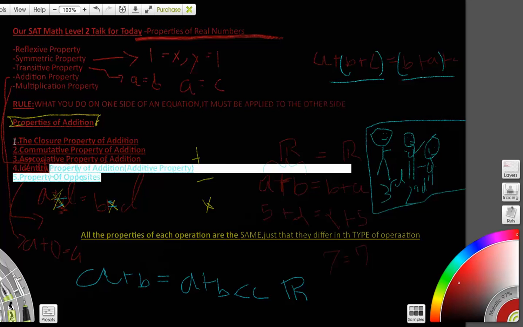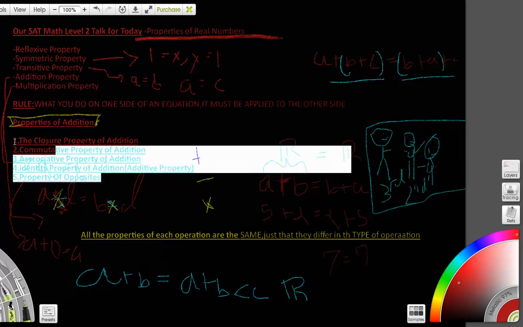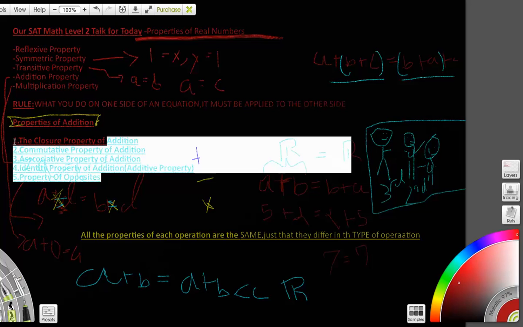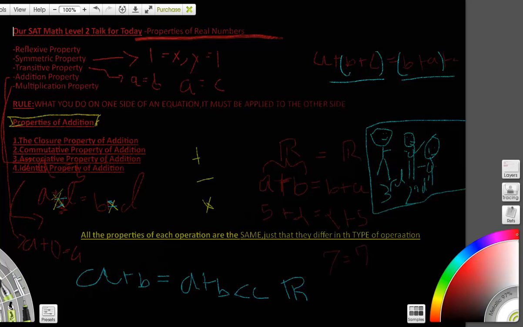So the property of opposites is when you add the opposite of a number to itself. What is the opposite of positive 2? The opposite of positive 2 is negative 2. So what you would do is 2 plus minus 2, and that equals 0.